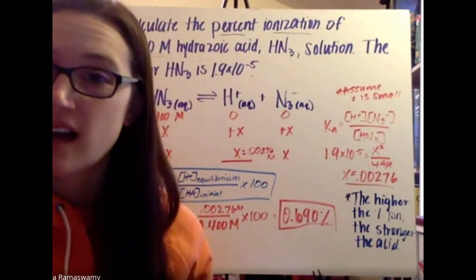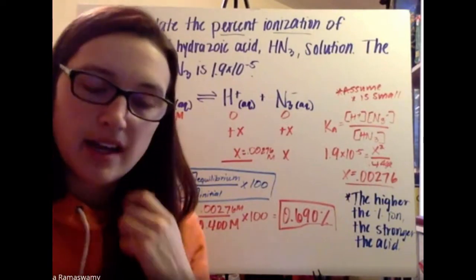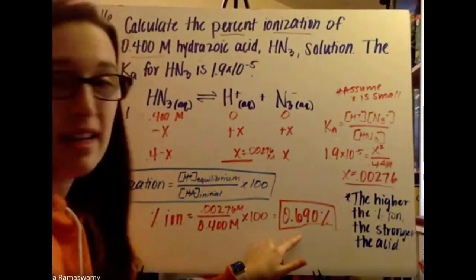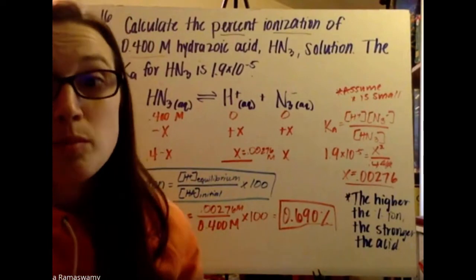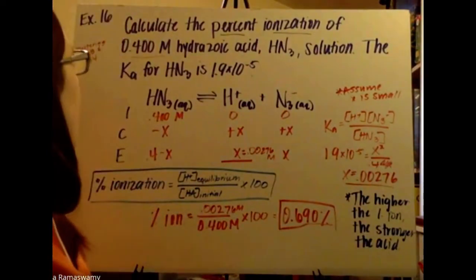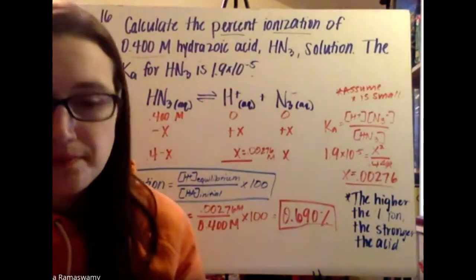Strong acids ionize 100%. So the higher the percent ionization, the stronger the acid will be. This is a pretty weak acid. It only ionizes 0.69%. So that's looking at example 16.